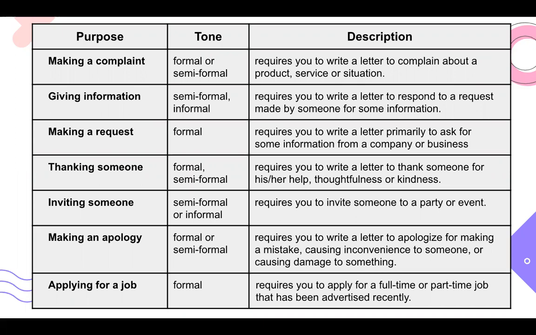Yes. So the only time you would use an informal tone is if you're making a request of a friend. But in this example in this chart, it says company or business. So if you're asking for information from a company or a business, then you must use a formal tone. But of course, we know that if you're making a request of a friend, like maybe you're asking a friend to look after your apartment while you're gone somewhere, that is asking them for a favor, you're making a request, then you would use an informal tone.